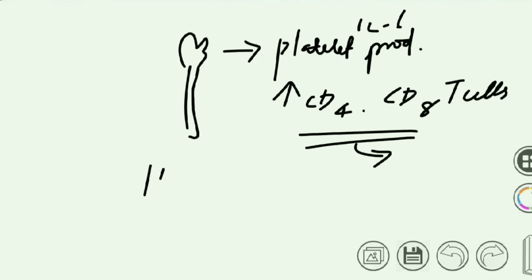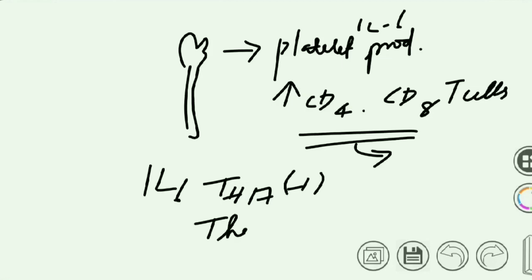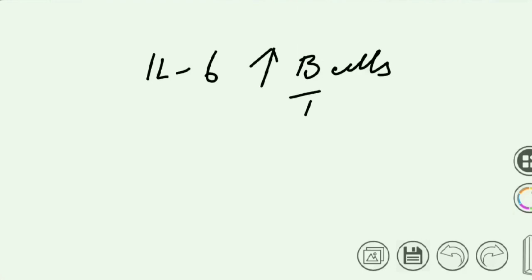And IL6 also stimulates your T helper 17 cells and it inhibits your T helper regulatory cells. Apart from this, IL-6 also stimulates your B cells to produce antibodies, IgM and IgG.